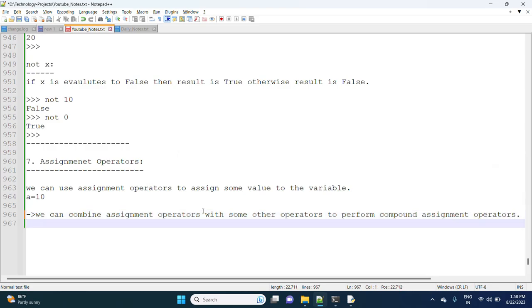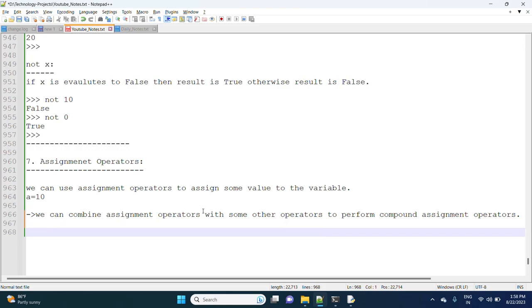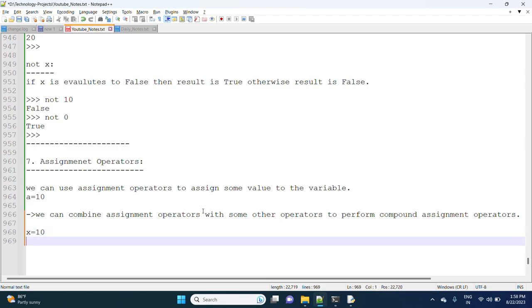For example, x plus equal to 10. Suppose first x equal to 10, and assume x plus equal to 10. This is nothing but a compound assignment operator. The meaning of this is x equals x plus 10.